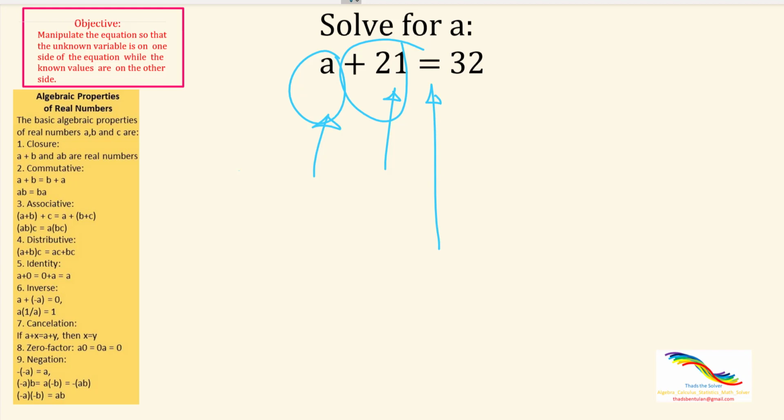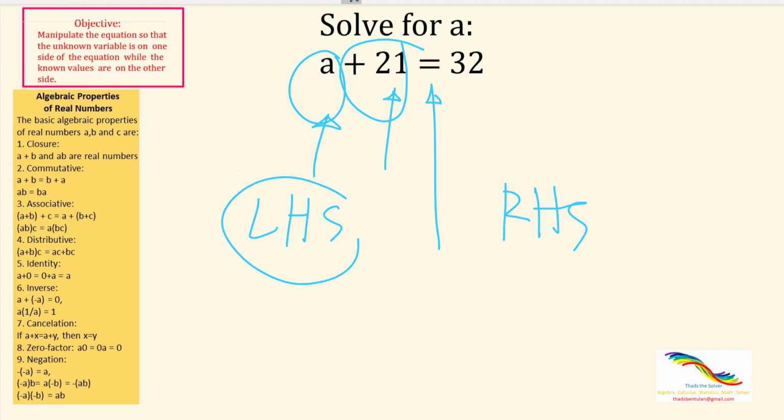Whatever you do to the left hand side of the equation, you also do to the right hand side of the equation. Later on I will share with you some shortcuts, but for now let us follow the rules. So in order for us to isolate a, that means we need to eliminate 21 on the left hand side of the equation. And whatever we do to eliminate 21, you must also do to the right hand side of the equation.